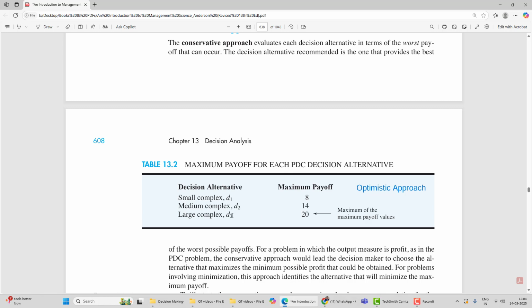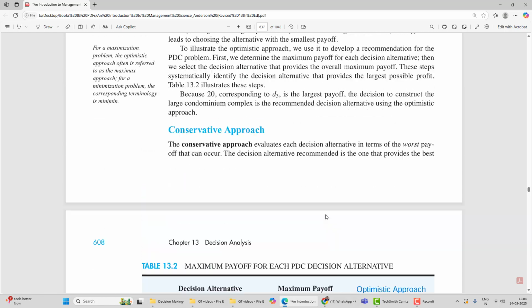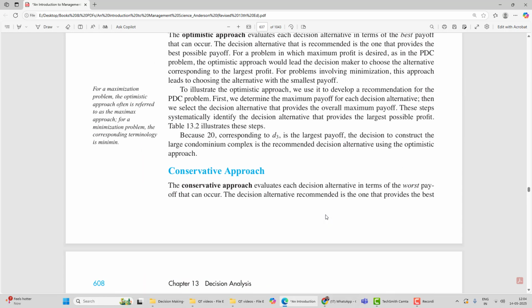So they will go for the large complex, that is D3. That optimistic approach will go for a large complex D3, eyeing for 20 million payoff and expecting a strong demand scenario. Okay, that is called the optimistic approach.